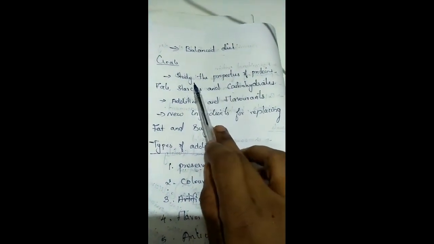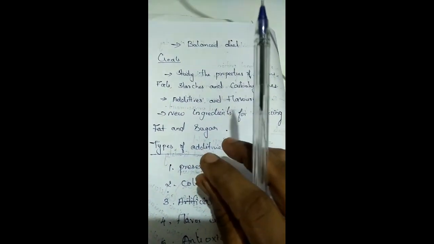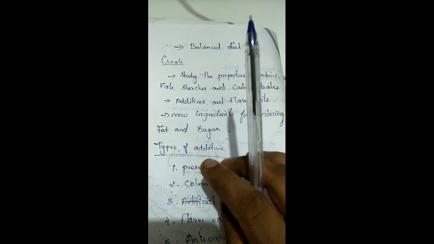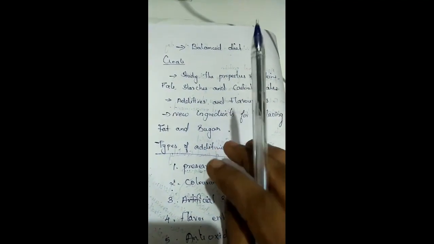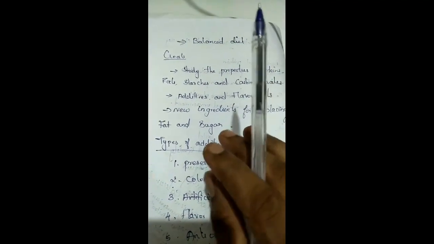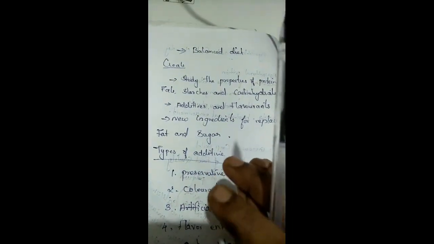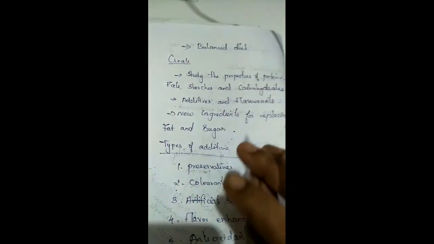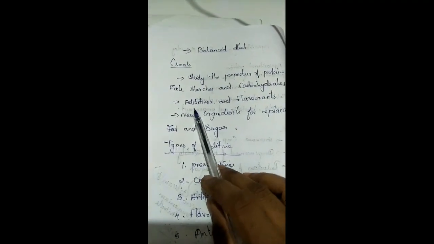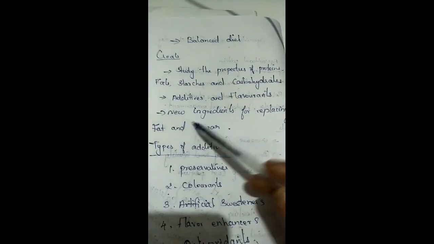First they have to study the properties, or analyze the functioning, of these macronutrients and micronutrients, such as proteins, fats, starch: how they work in the body, what the role of proteins is in our body, fats in our body, starch, carbohydrate, everything they have to study. Then they will have knowledge about the additives and flavorants that should be added to the food.